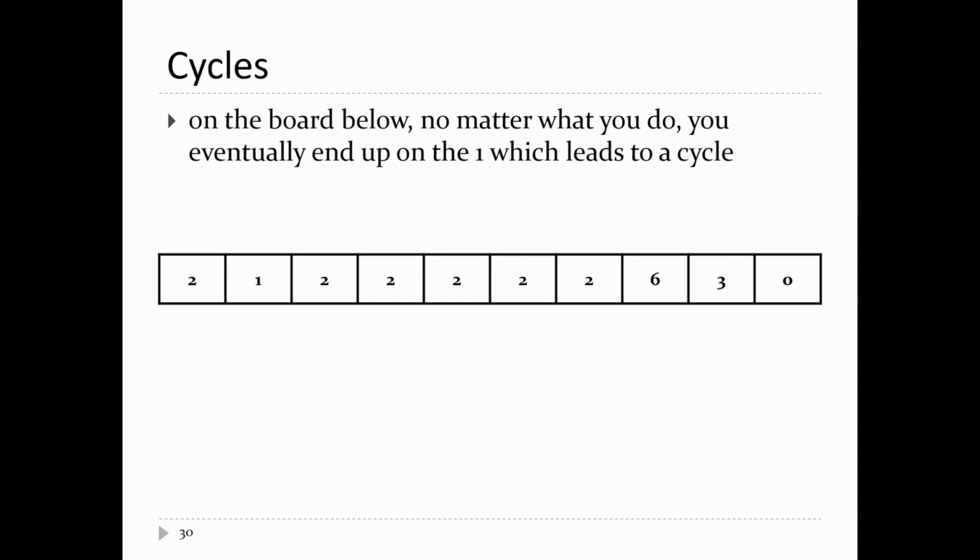You eventually end up on the 1, no matter what choices you make. As soon as you end up at the 1, that puts you into a cycle. You either end up back at the original square or you end up at this 2, and if you trace that out, you'll figure out very quickly you're stuck in a cycle. This board has no solution. But it's not obvious looking at the board that there is no solution.